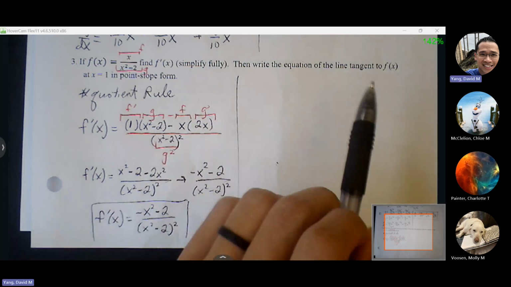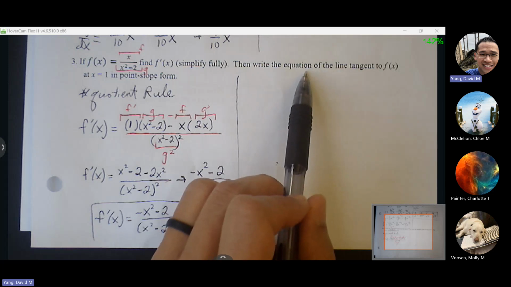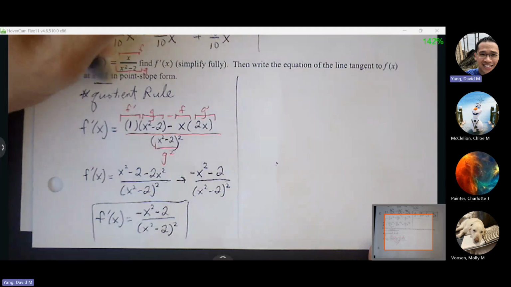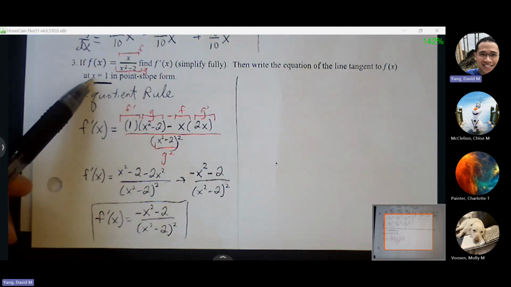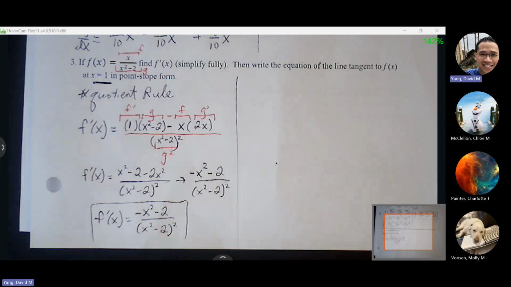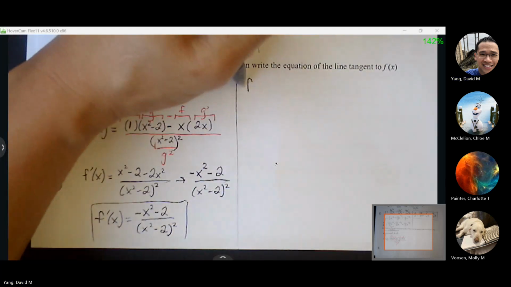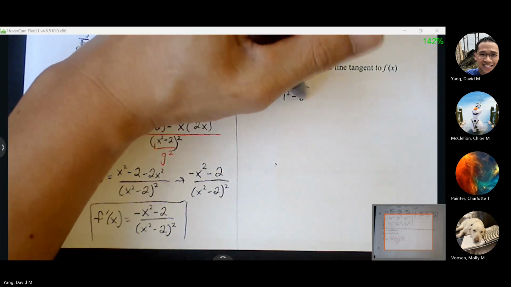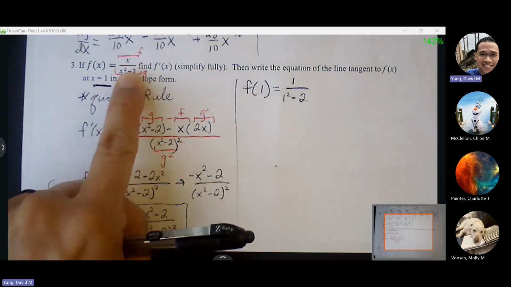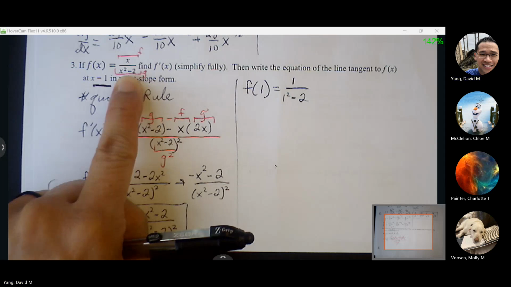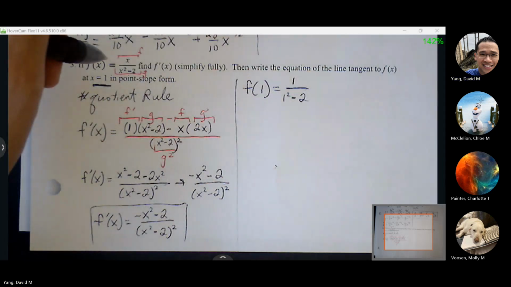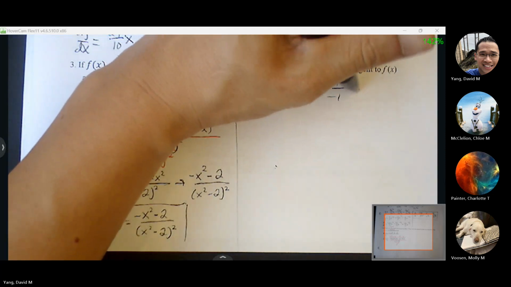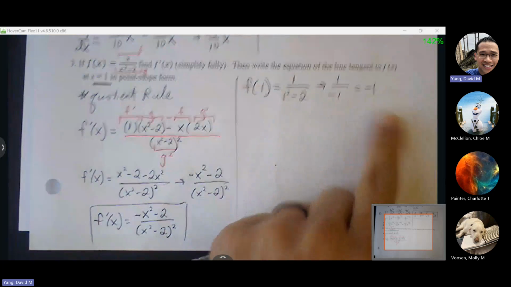All right, we're going to find our ordered pair, which we need, and our slope, and then we can put it into point slope form. So at x equals 1, I want to find the y value of the function at 1, and I also want to find the slope of the graph at 1. I'm just plugging into the original function here to get the y value. There's my y value, -1.